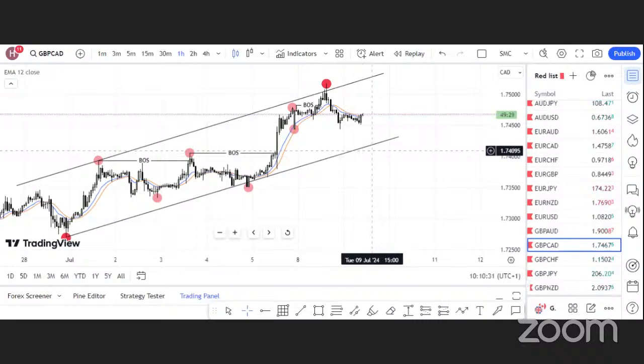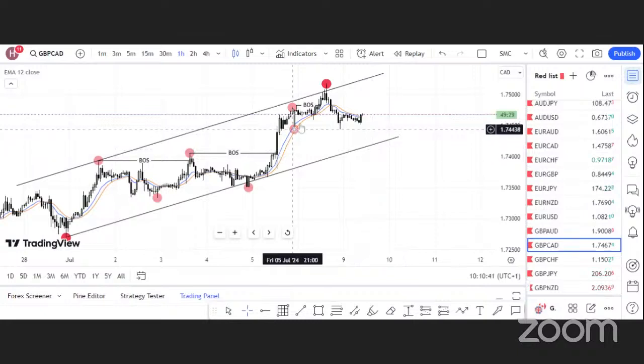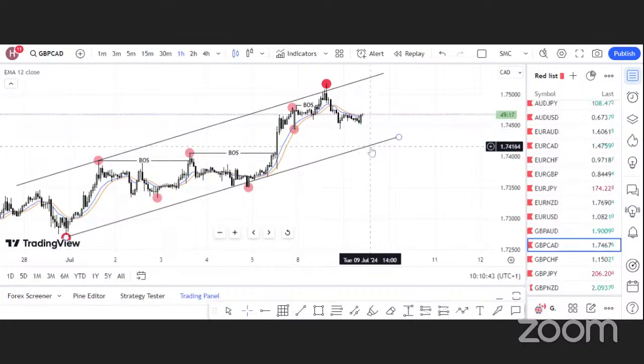The scope of this is anytime the market touches any of the trend lines, the market will go to the opposite direction. Now, if the market sells to this point and touches the lower trend line, the market is going to buy. All right, and if the market buys to the upper trend line and touches the trend line, the market is going to sell. Okay.